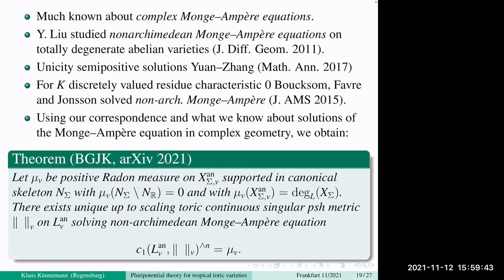Okay, so this is the first theorem of the paper, that we can do this in the non-Archimedean setting on toric varieties. Afterwards, we want to apply this to abelian varieties.